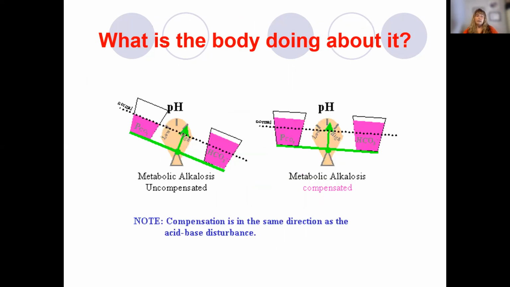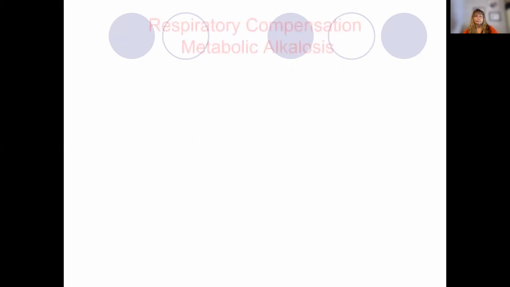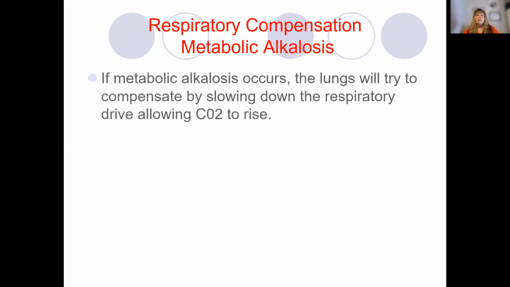So what is the body doing about it? Notice that compensation is in the same direction as the acid-base disturbance. So respiratory compensation for a metabolic alkalosis occurs by the lungs trying to compensate.